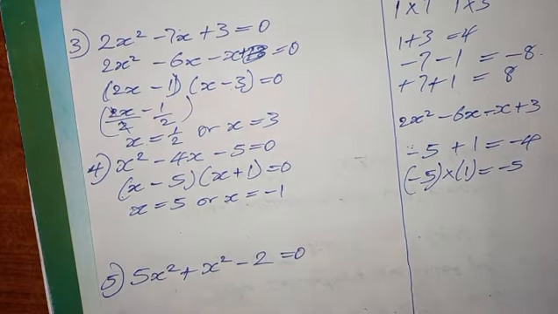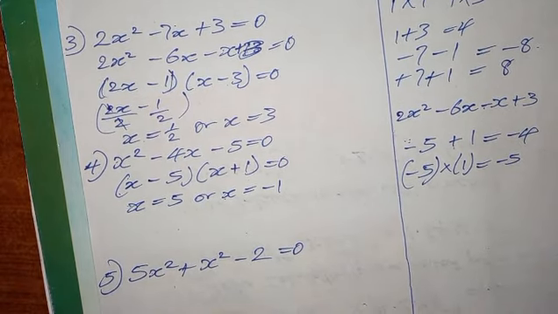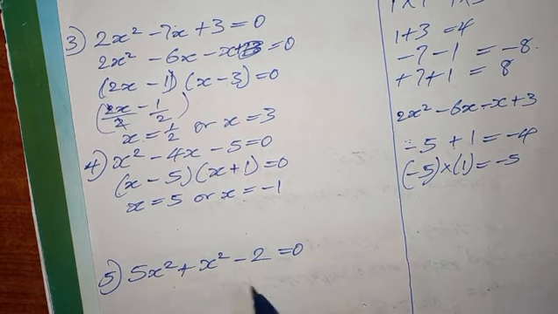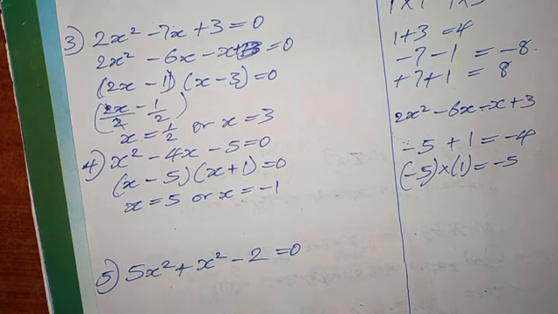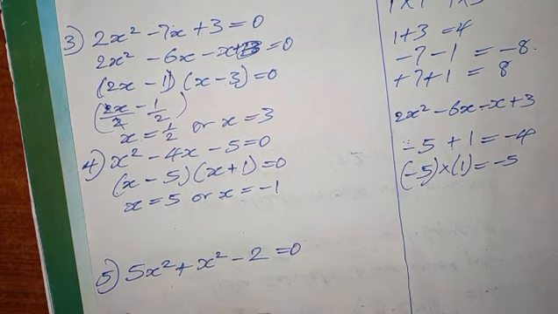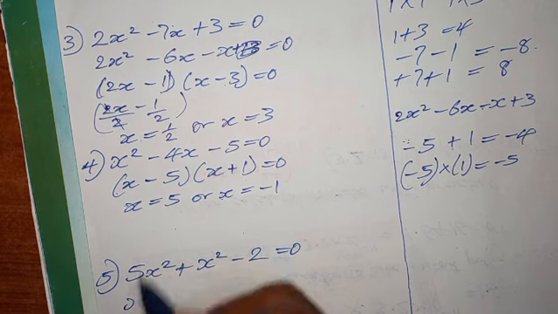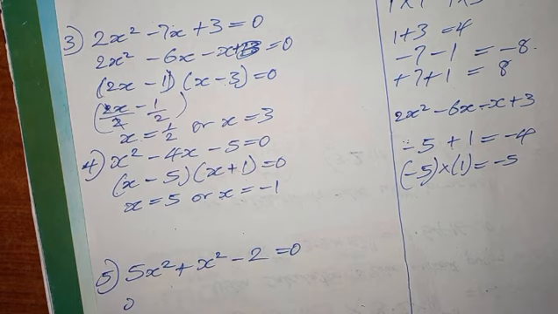The sign changes. And moving to number 5 question, solving the number 5 question, we have here 5x squared plus x squared minus 2. So you split the middle value into 2, the same way you did number 3. Splitting the middle value, you have here 5. Let's use 3 in place of 5. Let's use 3 here in place of 5.